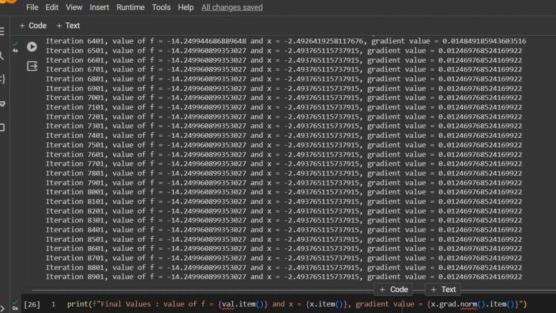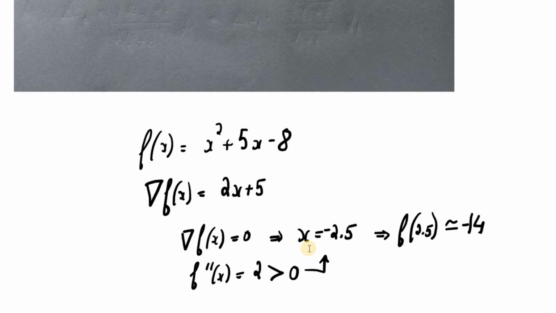So what we are getting is the minimal value using the numerical approximation methods of optimizers, and the minimal value is 2.49, and the minimal value of the function is coming out to be minus 14.25, which is kind of similar to what we get if we solve it using pen and paper.